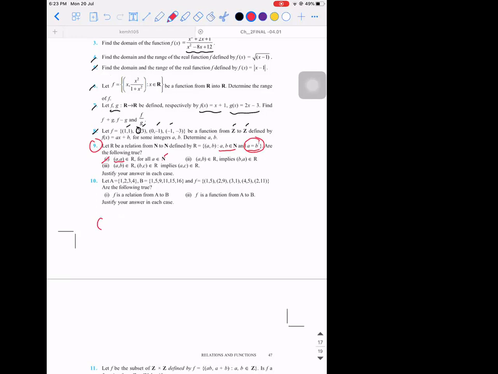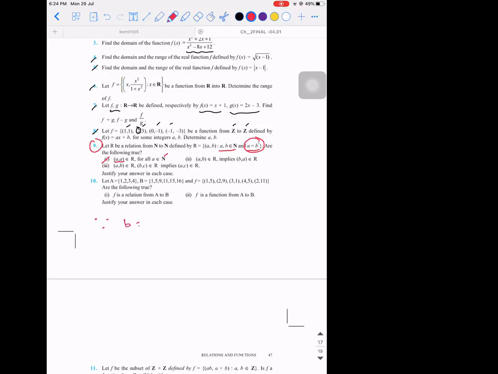Since the ordered pair is (A, A), then what is the relation? A should be equal to A square. Is that right? So A is equal to A square. Wrong. So how are you supposed to write this?